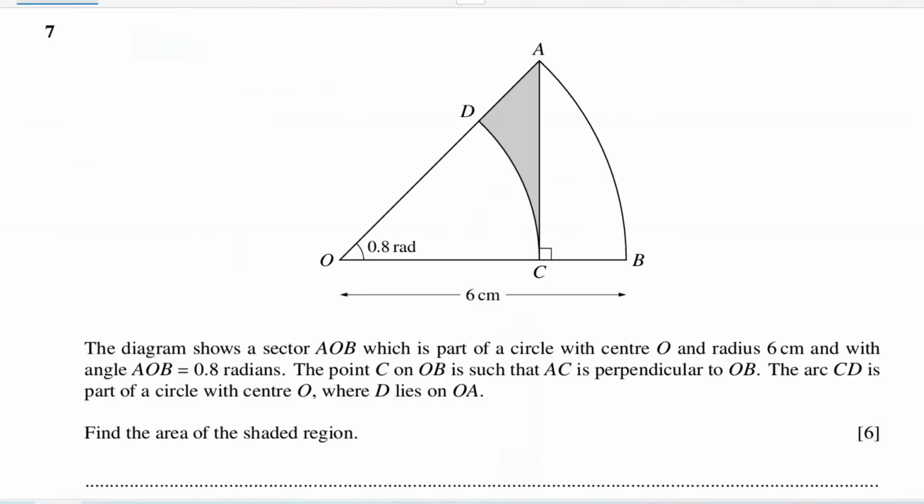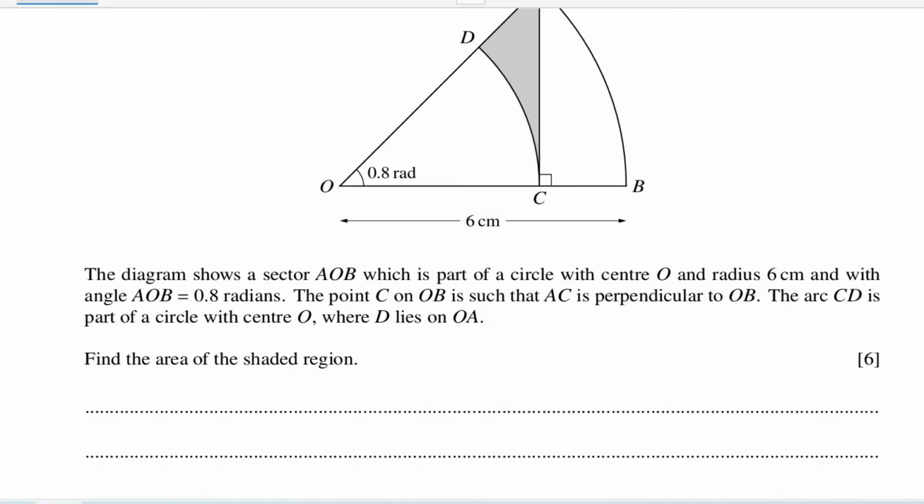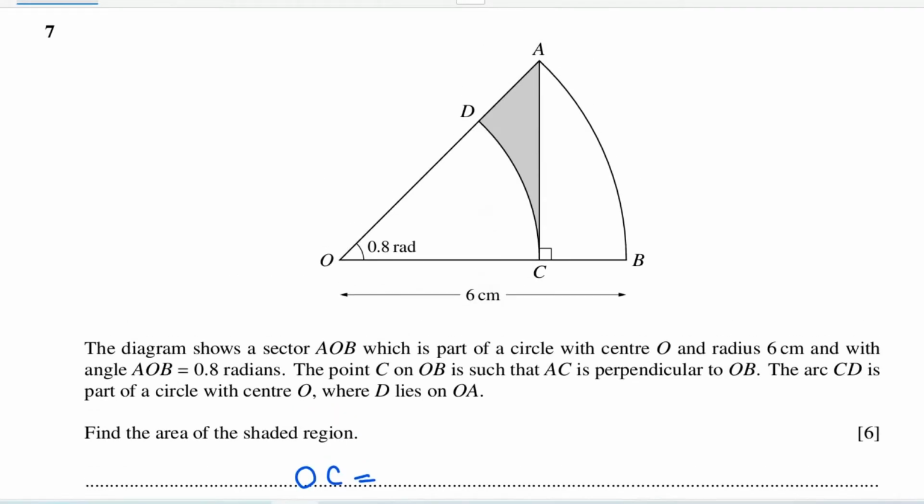So first, to find the area of the shaded region, let's calculate what is the radius of the inner circle. So we can write OC equal to, from the triangle OAC. We know one angle and we know OA value.